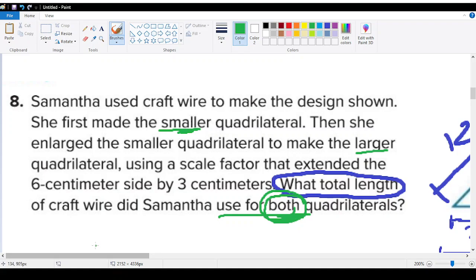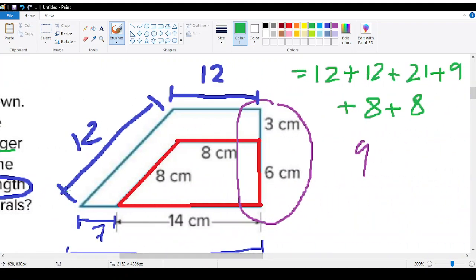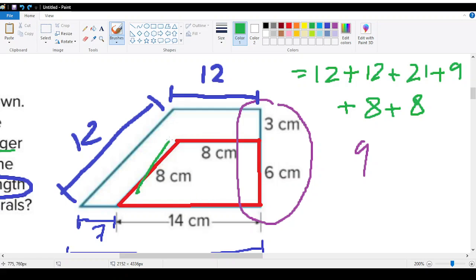For what, Shamsa? The total length of craft wire. For what? Both, both quadrilaterals. Okay, so that's why I didn't only do the thing which is outside, I also increased the thing which is inside.